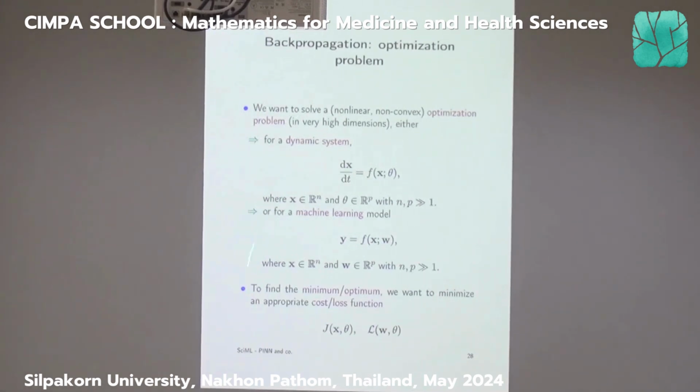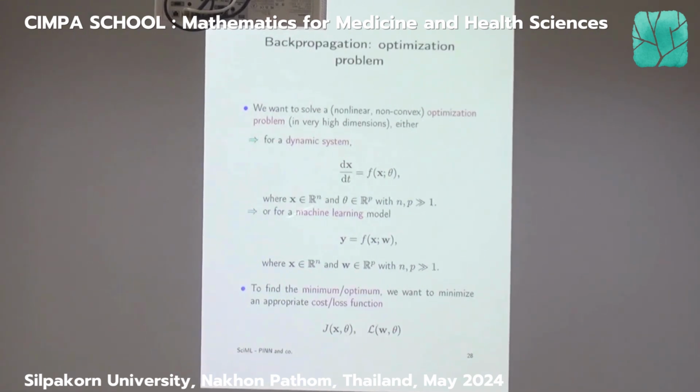Okay. So anyway, I need to go over this a little bit. It's not very complicated mathematics to show you that this is how we're going to proceed. So you can take, to solve any nonlinear, non-convex optimization problem, either for a dynamic system, dx/dt equals some f of x, t, and theta. So I put some parameters in there. There's always parameters, okay? You'll see that, in fact, very often, in the optimization problem, we want to find the values of theta, which minimize some loss function, which has to do with the system.